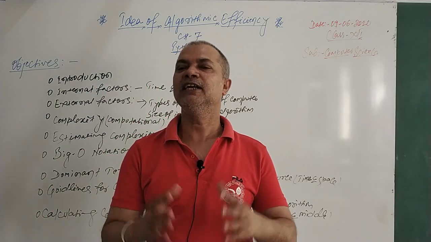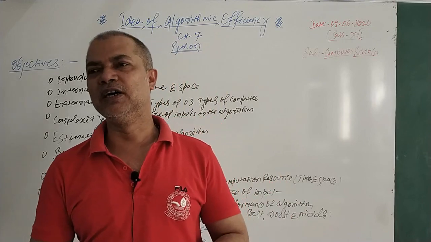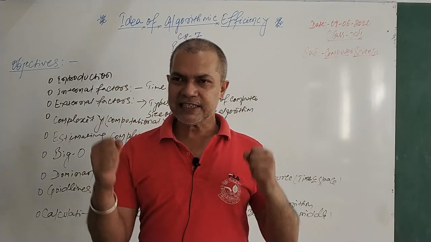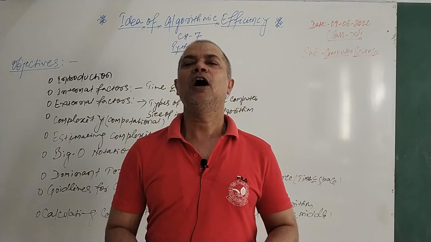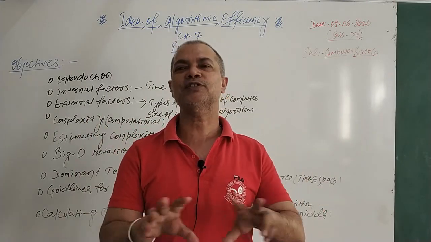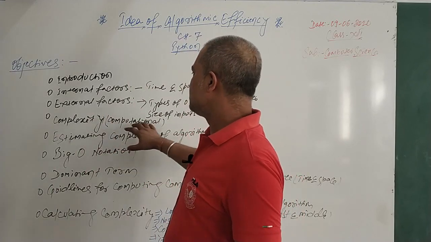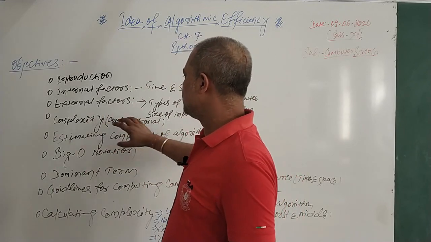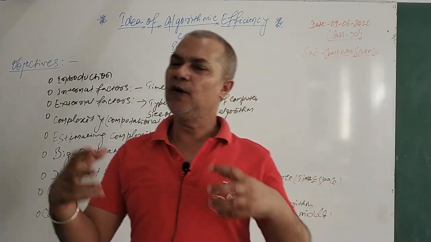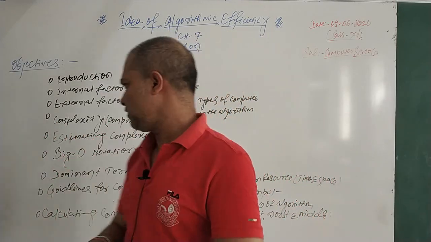It basically talks about how nicely an algorithm works, how little time it takes, and how little space the algorithm uses to execute a particular code. That is what computational complexity is. So the efficiency of any algorithm is considered to be its computational complexity.